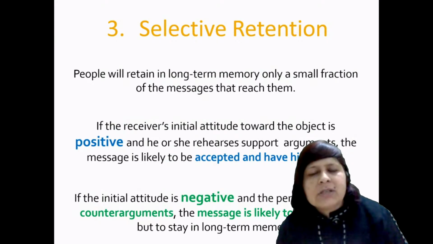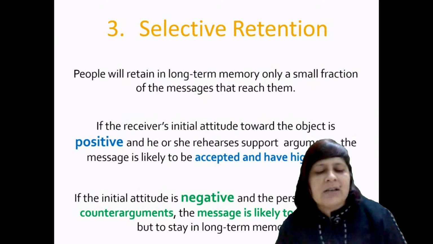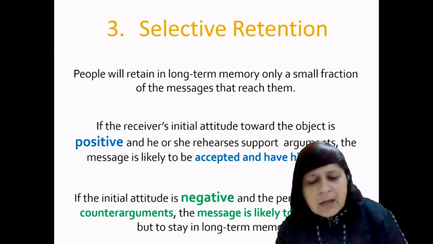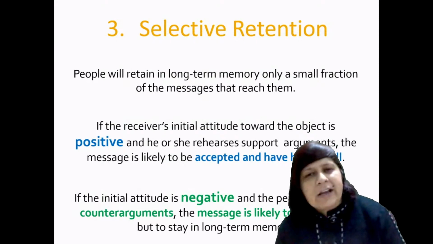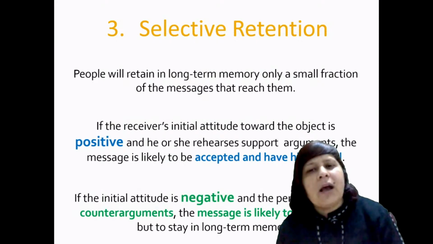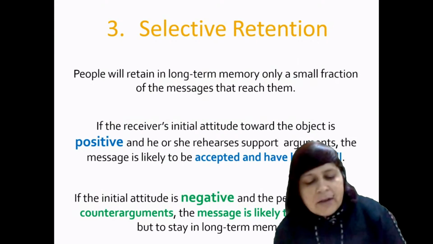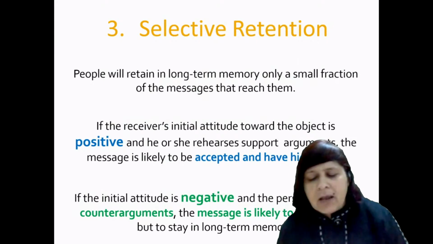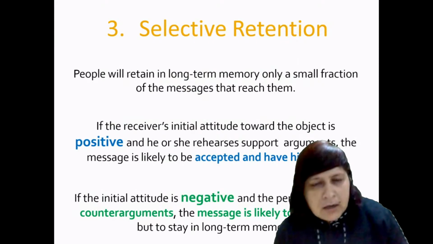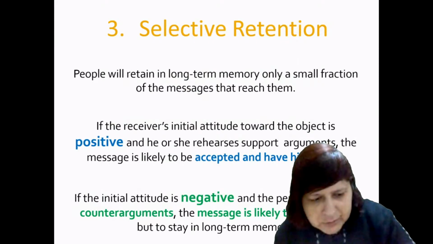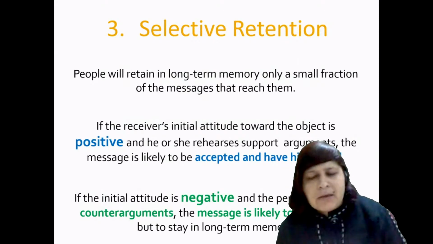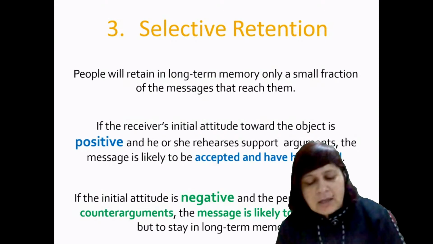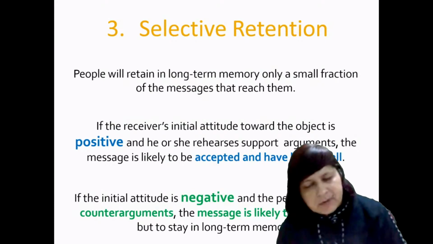If the receiver's initial attitude towards the object is positive, and he or she rehearses supporting arguments, the message is likely to be accepted with very high recall. And if the initial attitude is negative and the person rehearses arguments against the message, then the message is likely to be rejected but to stay in the long term memory, right?